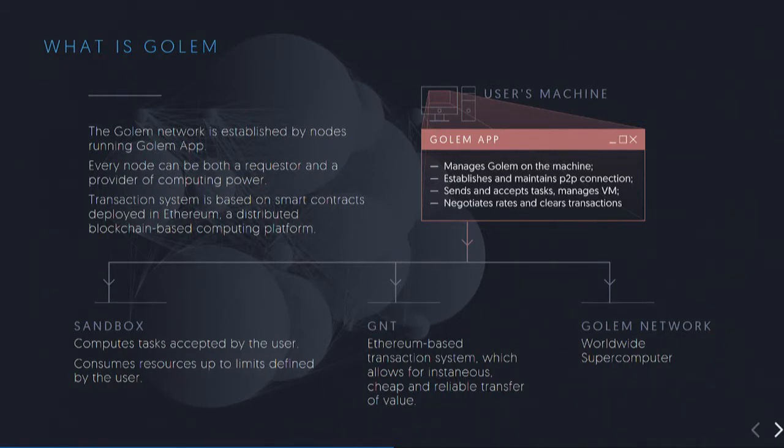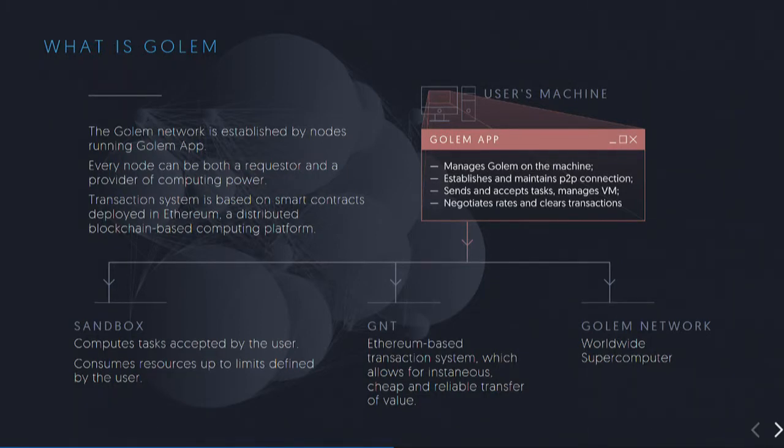Then the important part is GNT, the token used to clear transactions in the Golem network. You can consider GNT as a custom transaction system used in the Golem network, and it is built on Ethereum.